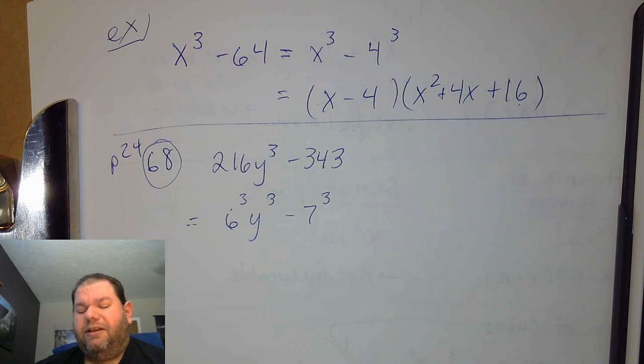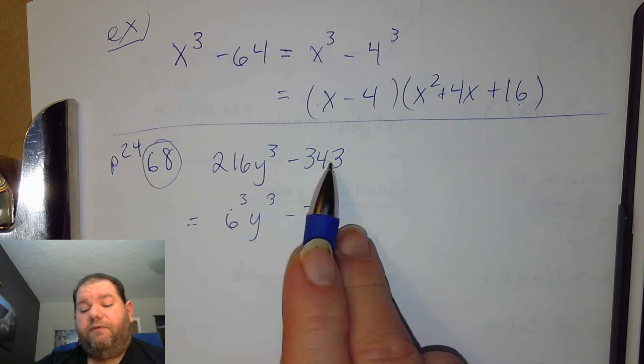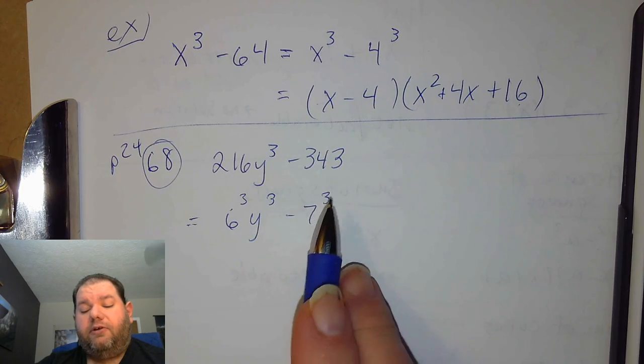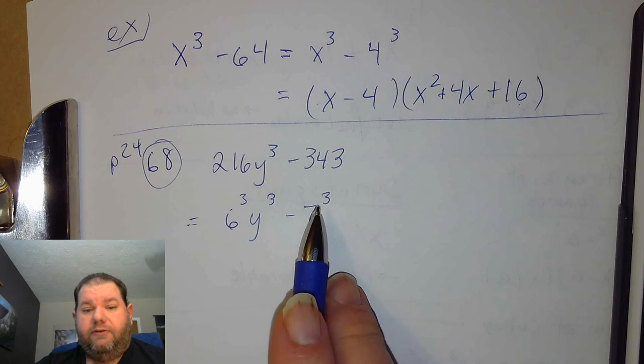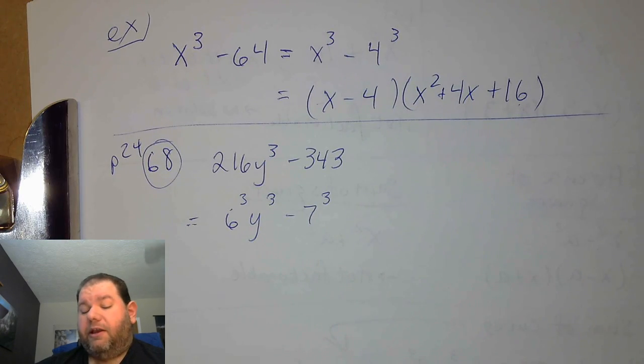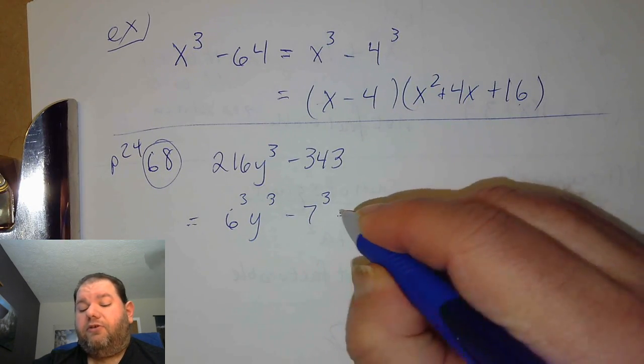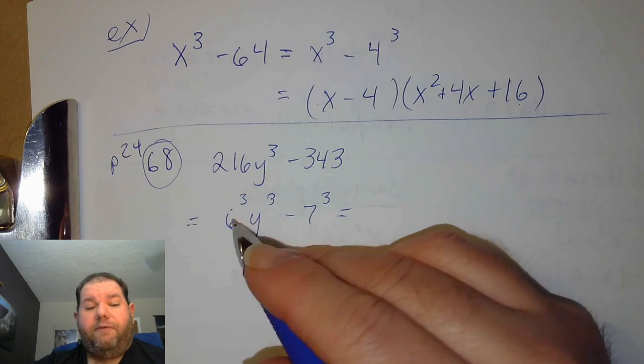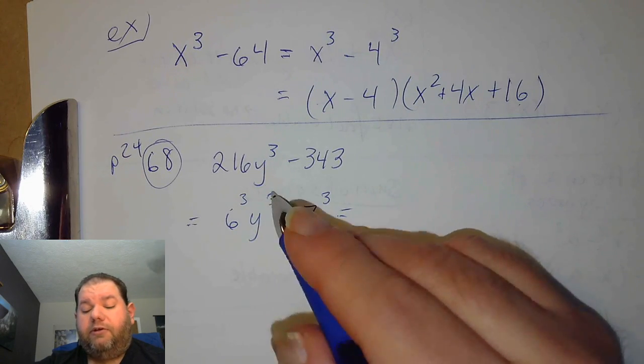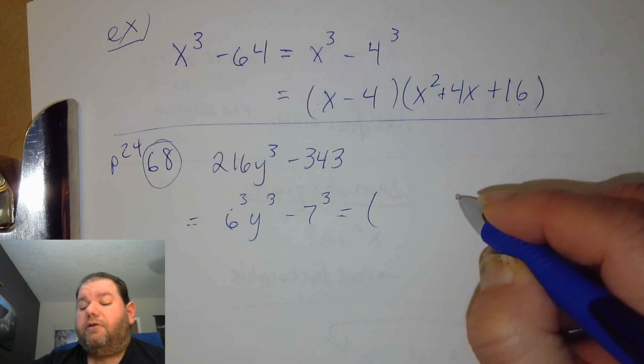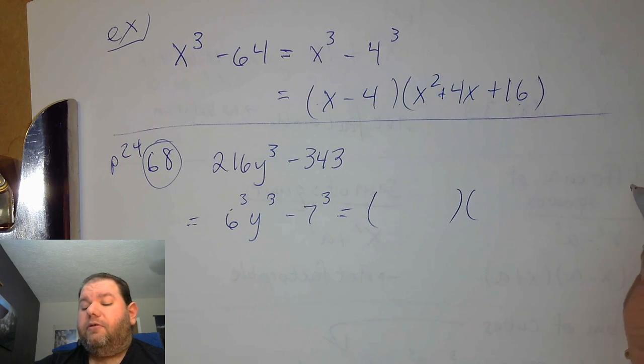Anyway, so once we figure out exactly what these numbers are cubed, the pattern is still the same. It's a little bit more complicated because we're not just working with plain y cubed. We have 6 cubed y cubed. But the pattern is the same. What is our binomial, first of all?